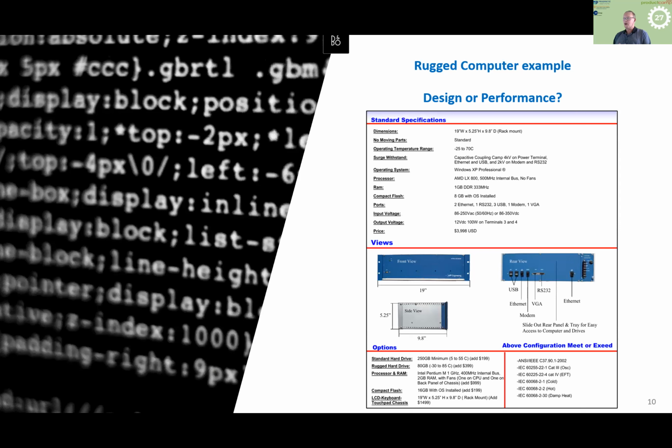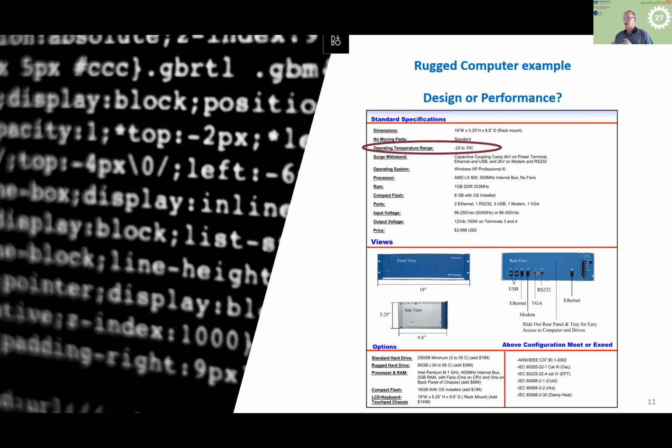When it comes to another product, a ruggedized computer, it's a computer, it's a PC, whatever. And so there's a lot of spec sheets behind it. There's a lot of design spec kind of things. However, a ruggedized computer, for example, think of a cell phone tower that's outside.